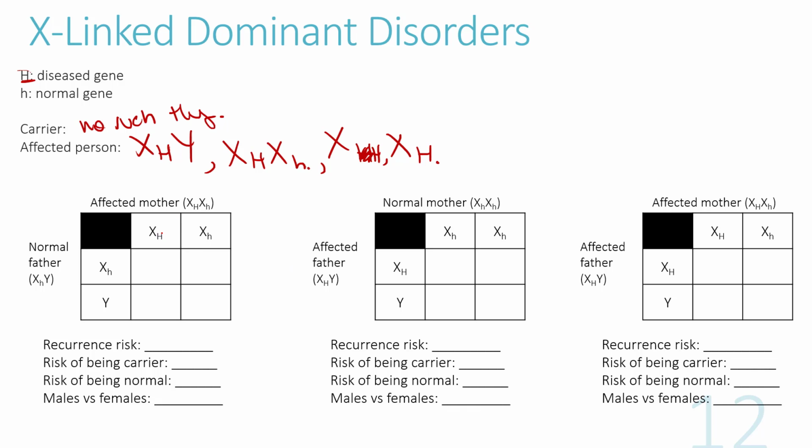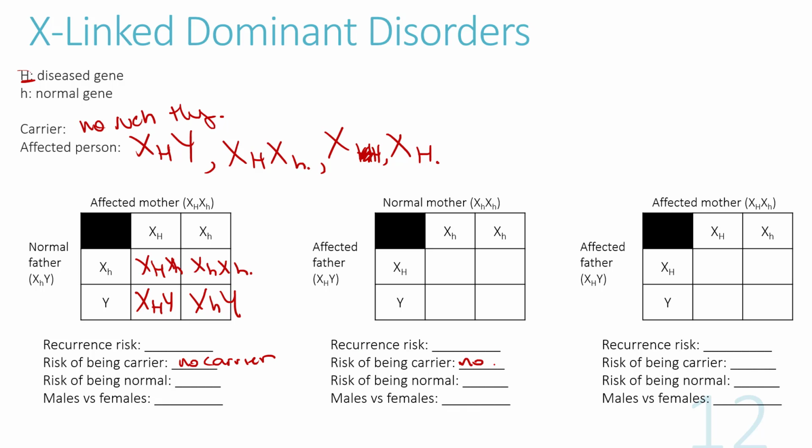Okay, so let's do this. So affected mother and normal dad. So you've got this. And so what happens is there's no carriers.